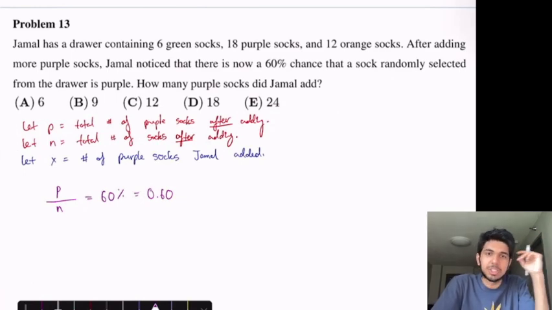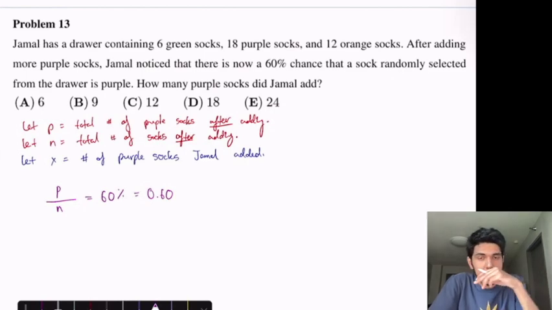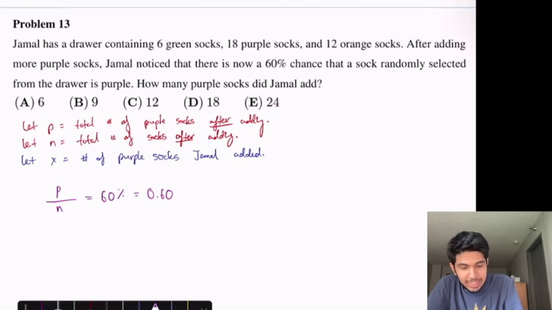Cool. So we have an equation, but we're solving for x, and our equation doesn't have x. So let's try to put x into this equation. Let's take a look at the letter P, the total number of purple socks after adding some. We know that he starts out with 18 purple socks, and then he adds some more.